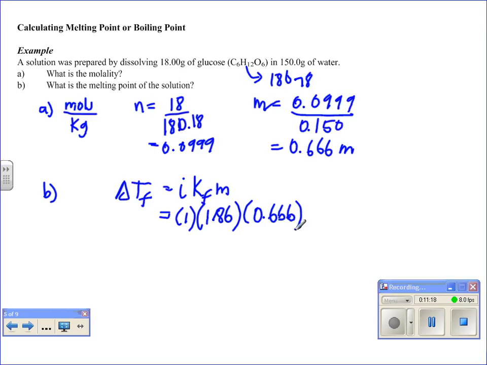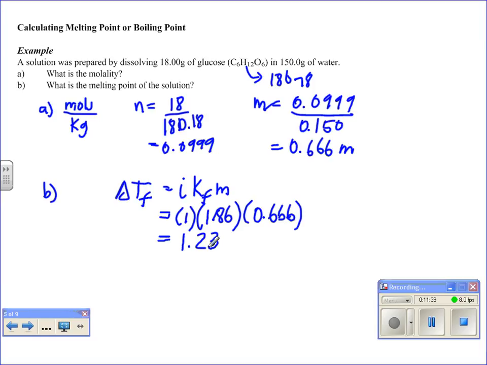As you can see from this equation, the change in temperature is dependent on the solvent and on the amount of solute that's dissolved. So the freezing point depression here is 1.23 degrees Celsius.